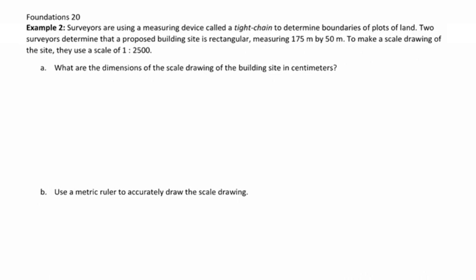So what 1 to 2500 means is 1 unit on the image is 2500 units on the object. So if you want to write that out as a reminder to yourself, 1 unit on the image is 2500 units on the object.